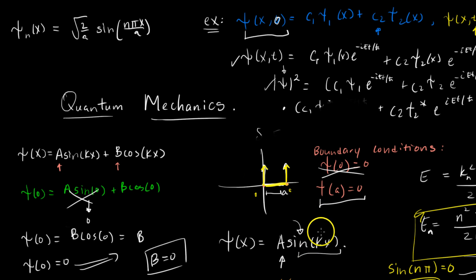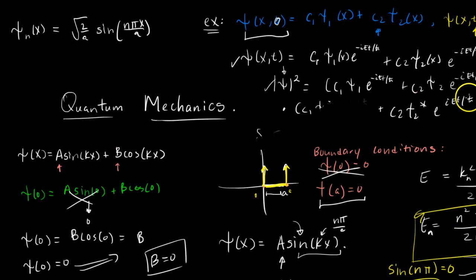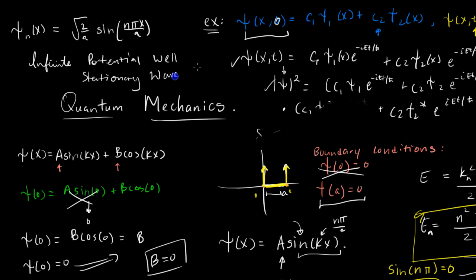I'm just substituting k with n pi over a, because we just found that right here. And that's our stationary wave functions for the infinite potential well.